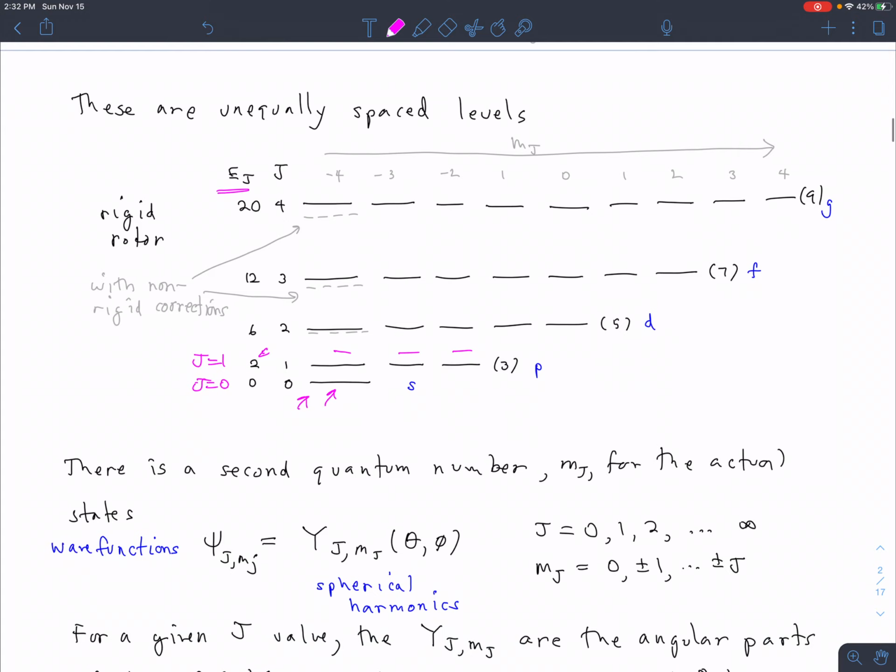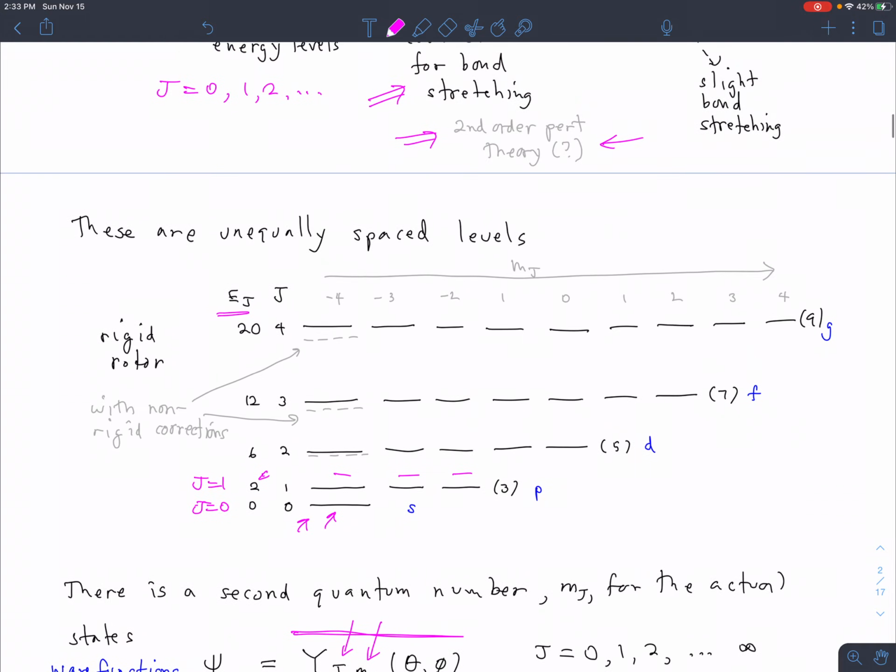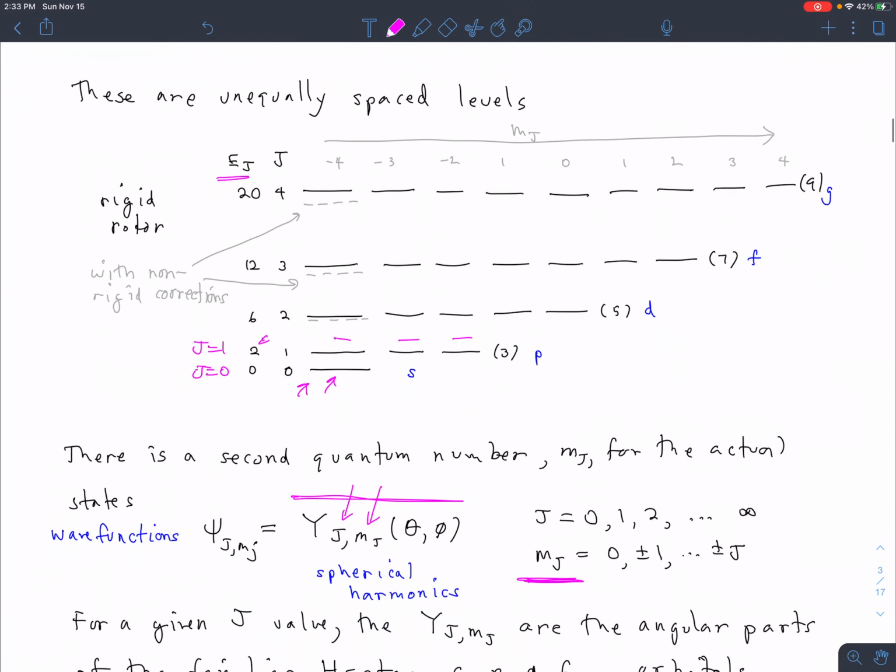That's because there's a second quantum number, m sub j. If you recall back to Chem 311, the rigid rotor has 2 quantum numbers. The energy eigenvectors are spherical harmonics. There's the J quantum number, and there's the m sub j quantum number. And just to put things as simply as possible, these spherical harmonics are also the functions, and the quantum numbers too are also the quantum numbers, that apply to the angular part of the hydrogen atom wave function.